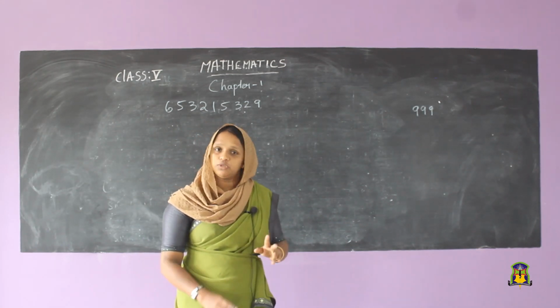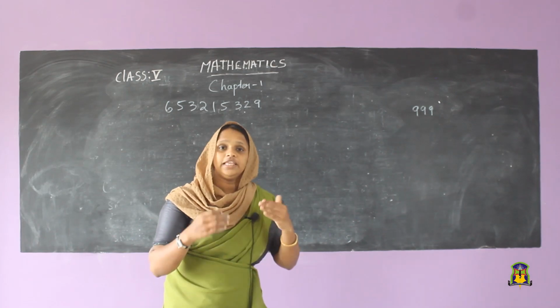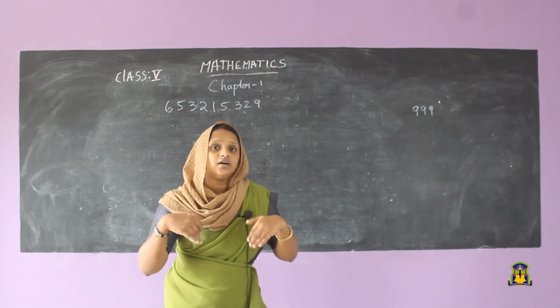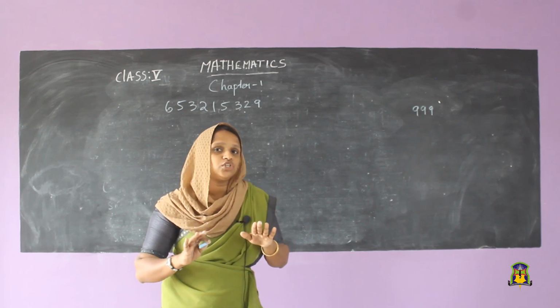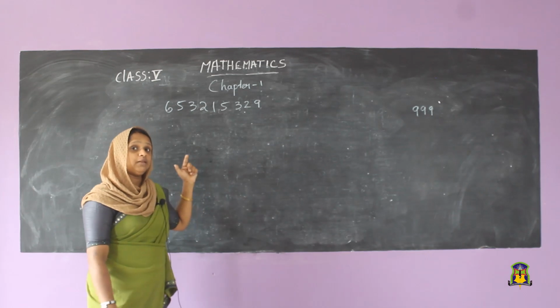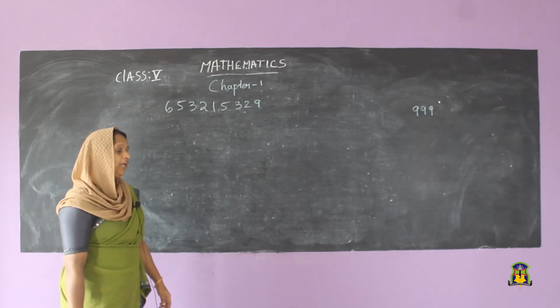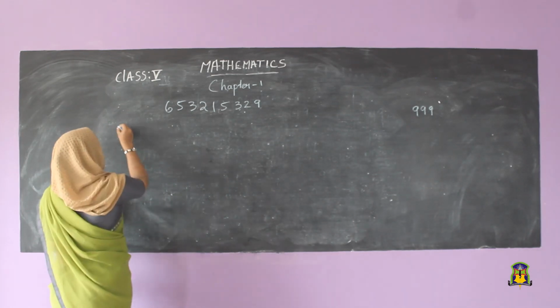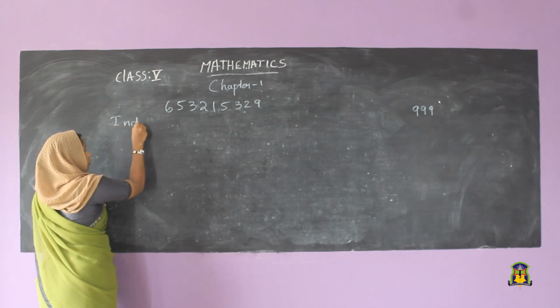Two types of place value chart are there: the Indian place value chart and the international place value chart. Here we are dealing with the Indian place value chart.